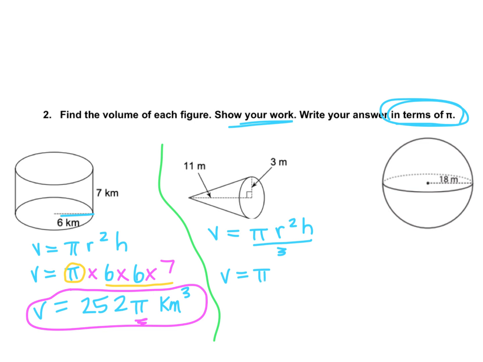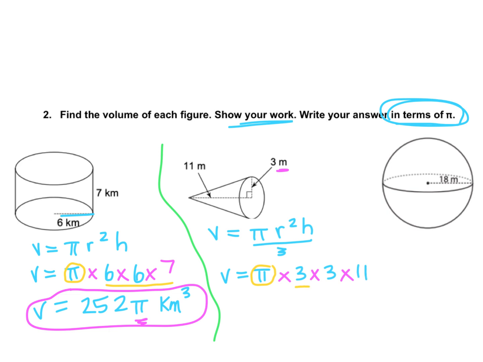Again, it's in terms of pi, so do not calculate your pi. Let's look at our shape here. Our radius is 3. And remember, you need 2 of those because it's radius squared. So 3 times 3. And the height of our cone is from the base to the top, the vertex. So that's going to be 11.